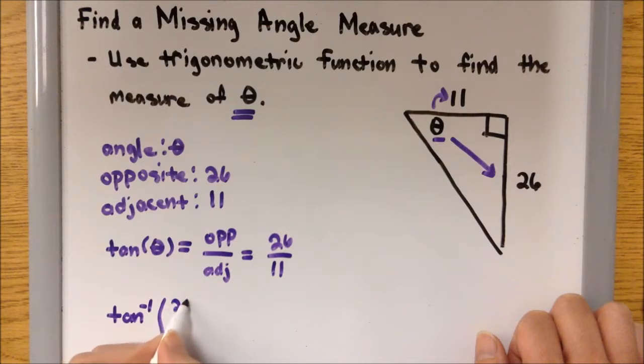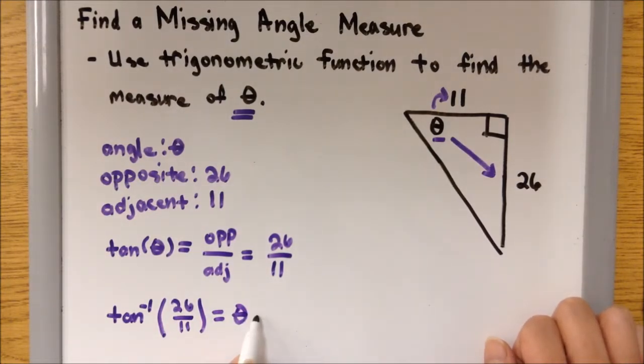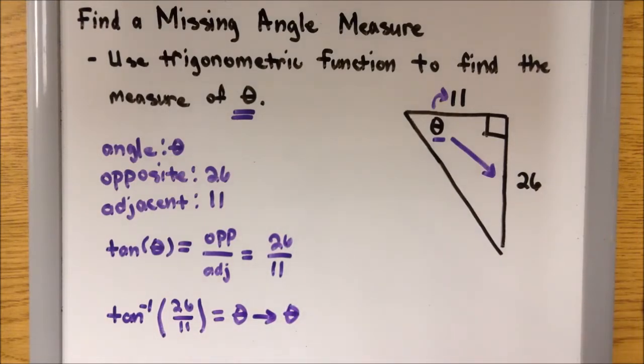So 26 over 11 equals theta. So theta, this is where we would use the calculator. So again, inverse tangent or arctangent of 26 over 11, that's the ratio that we're going to plug inside the parentheses, and then find the angle measure.